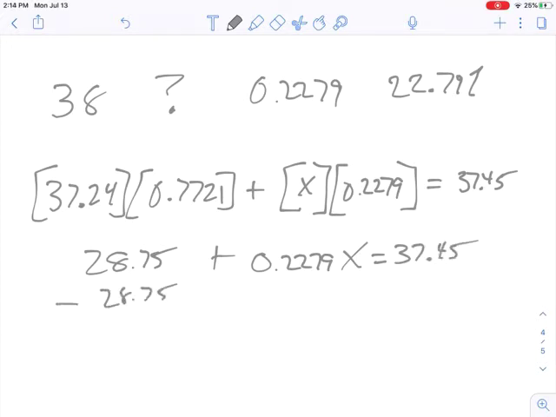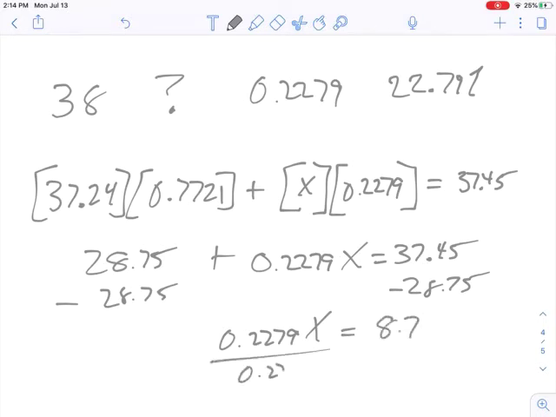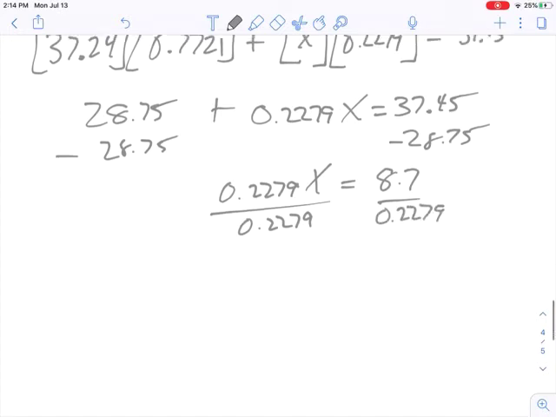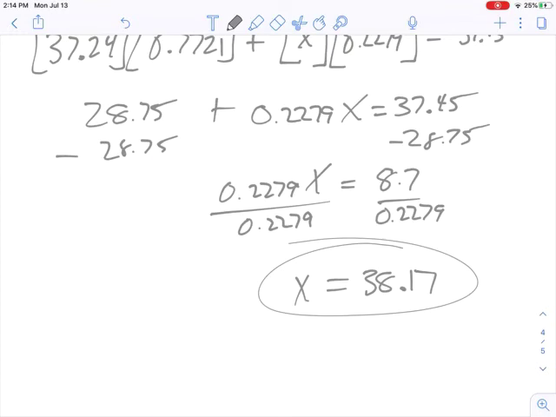Subtract this over, 28.75, using algebra you learned in the 6th grade or whatever, and you get 0.2279x is equal to 8.7, and then divide by your 0.2279, and then x is equal to 38.17, assuming I have done my math correctly.